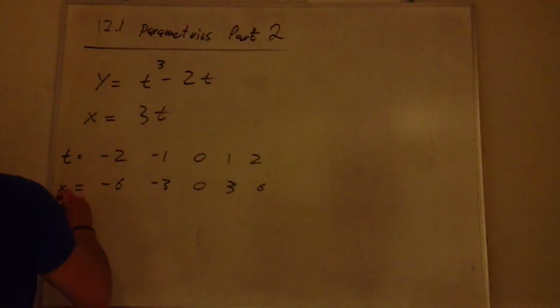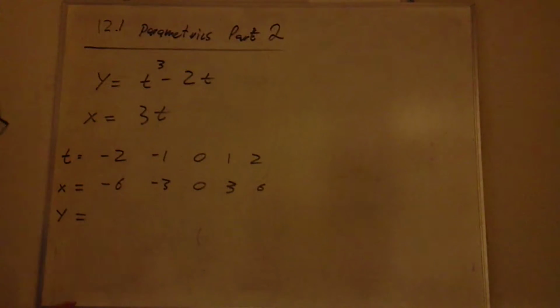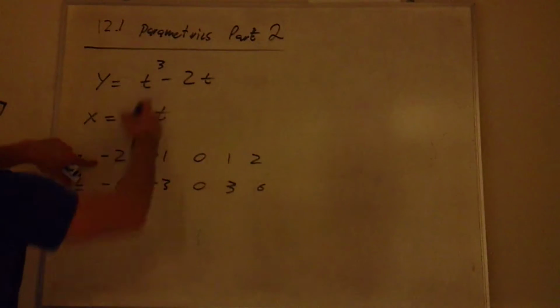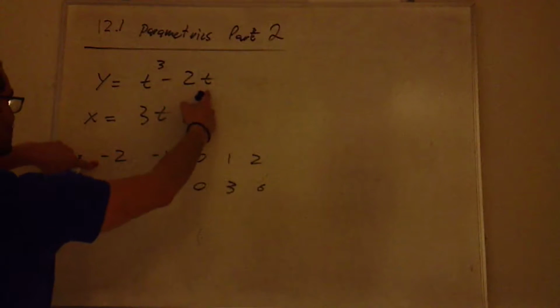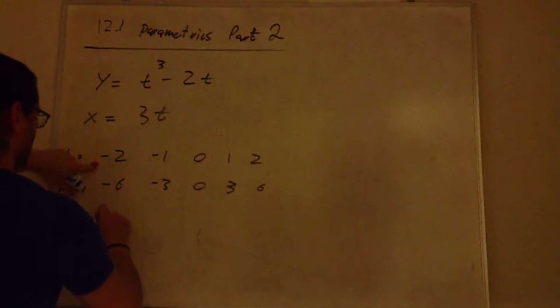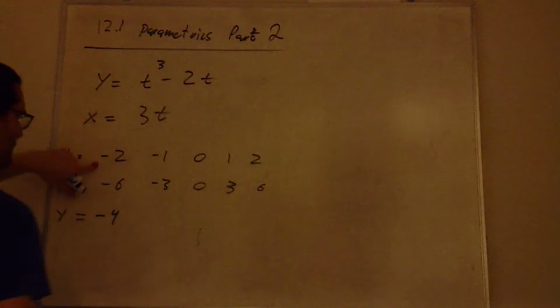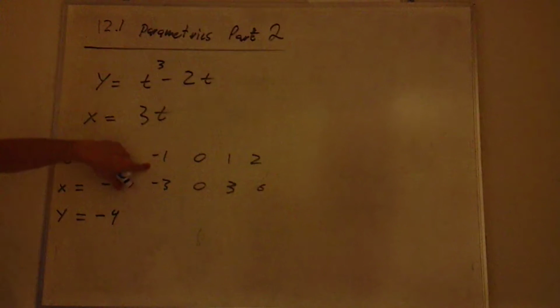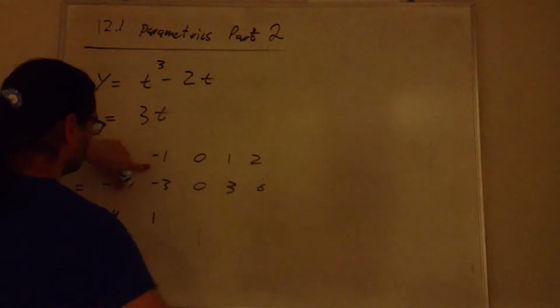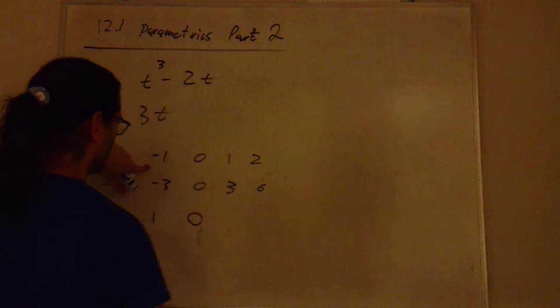And I need some y values. Y values here are going to look like -8 plus 4 is -4. -1 plus 2 is +1. This one will be 0.